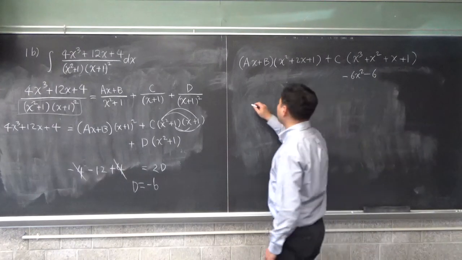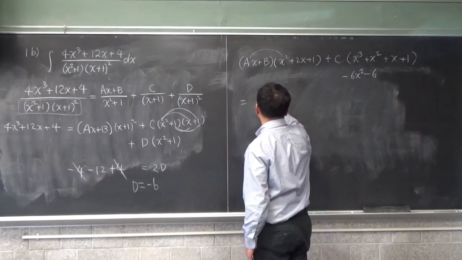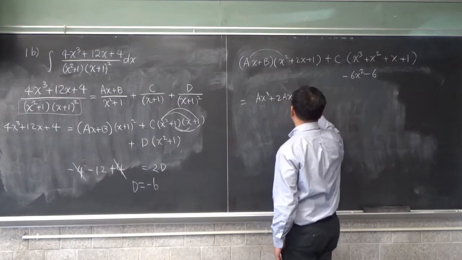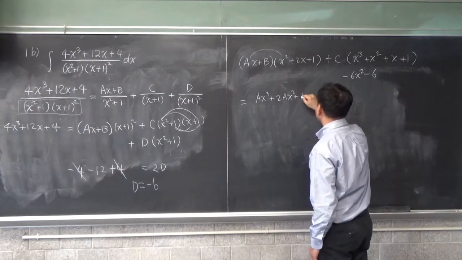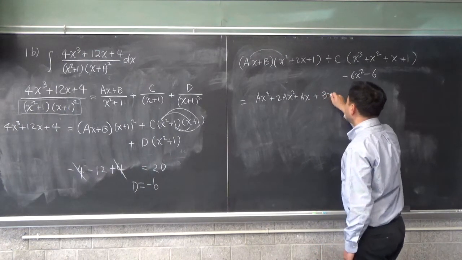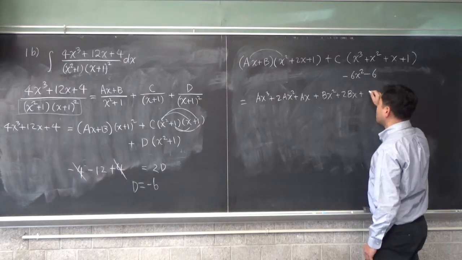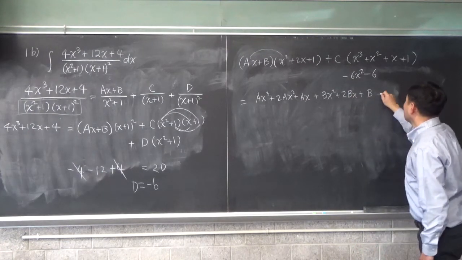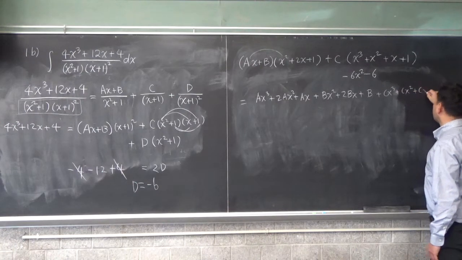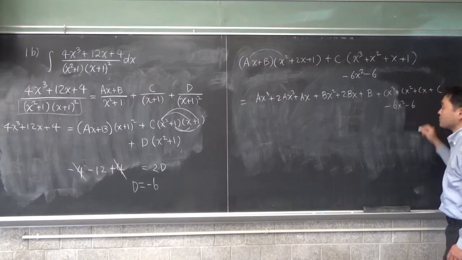Let's expand further. ax times x squared will be ax cubed plus 2ax squared plus ax, and then bx squared plus 2bx plus b, plus cx cubed plus cx squared plus cx plus c, minus 6x squared minus 6.